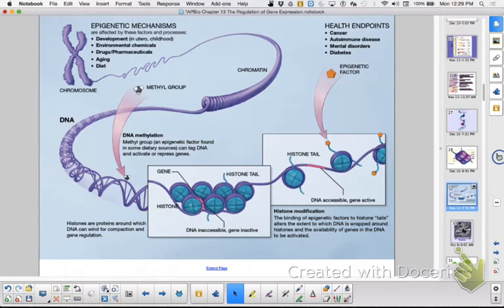Is the DNA wound up or not wound up? And so what happens is you can attach little methyl groups to the DNA, you can attach little methyl groups to the histone, and if it's attached to the histone, it relaxes even more. If it's attached to the DNA, it coils it up tightly.